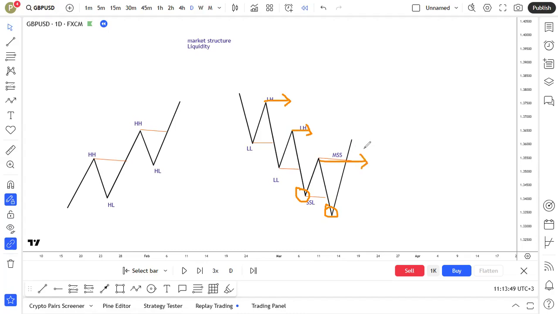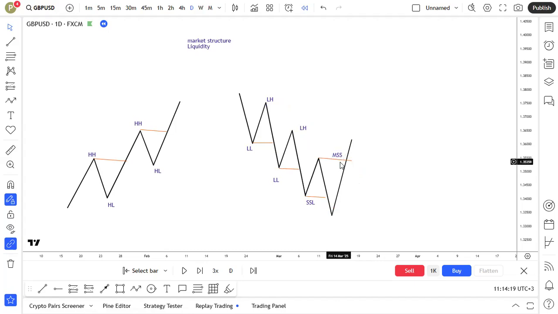So if we see price breaking this lower high, like what happened here, it indicates that sellers are losing control of the market and buyers are entering the market. So we expect price to start reversing and going higher. We expect a reversal, a change in direction, and that's why this is called market structure shift. Price is shifting from the bearish market to the bullish market. So we can clearly see this market structure shift.